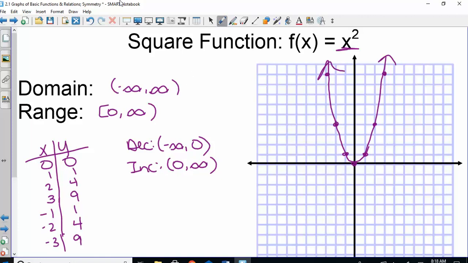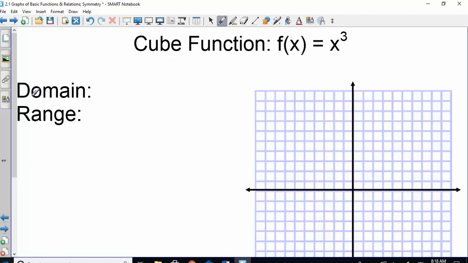All right, let's look at the cube function. It's like the sideways S, the chair. So we need to get exact points.